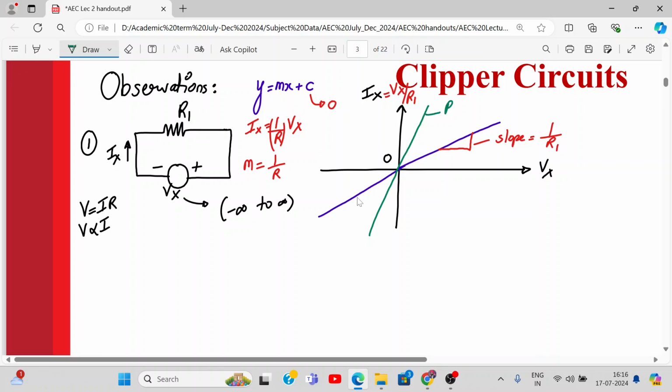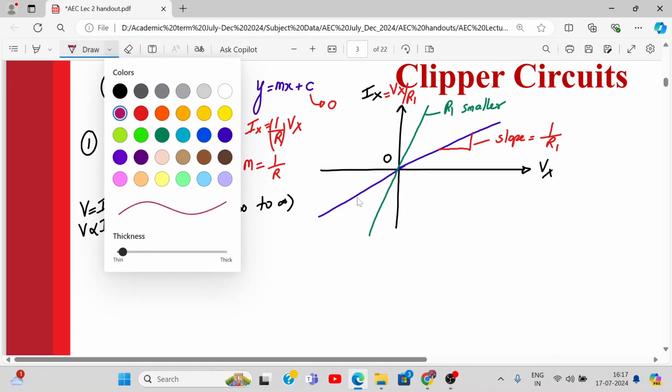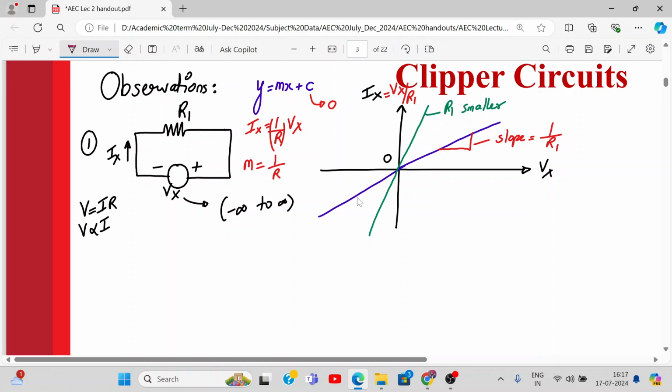So this is R1 smaller. Whereas if you have a very large value, it will almost be parallel to the x-axis, correct? So this is what it means by R1 value.